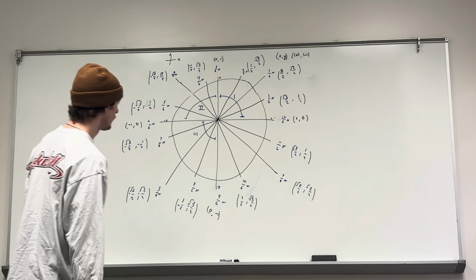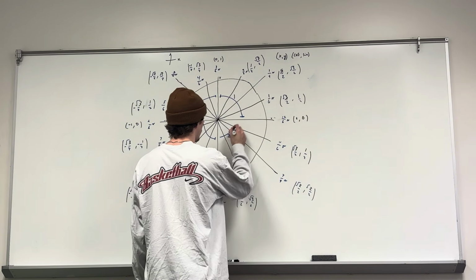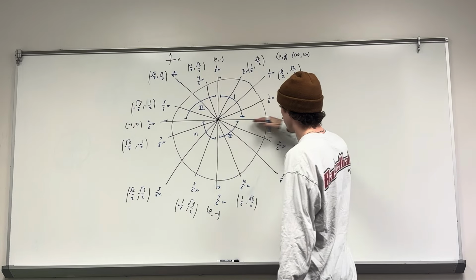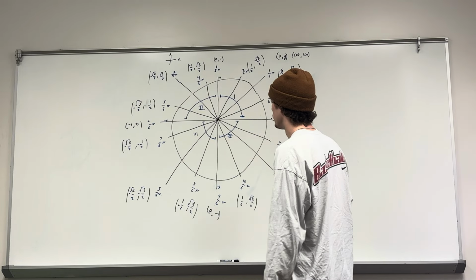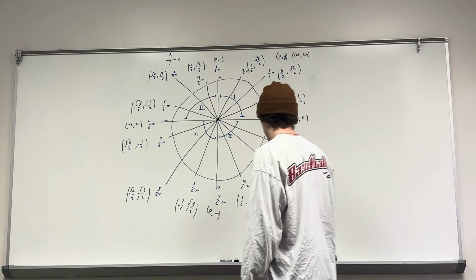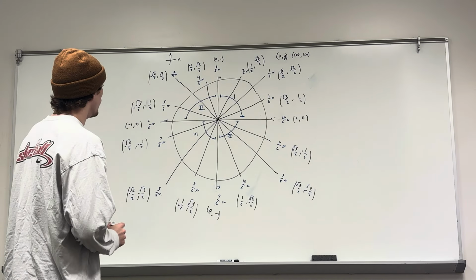That leaves one more quadrant, which, yes, is the fourth quadrant. And let's look. Positive x values, negative y values. So positive x, negative y, positive x, negative y, positive x, negative y. And there you have it.